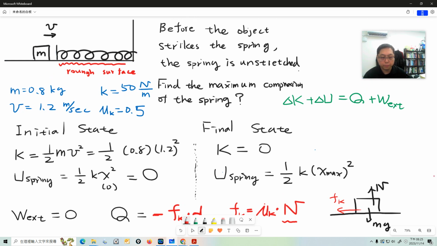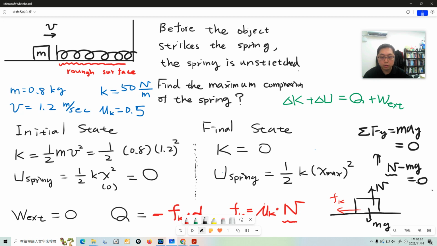So sigma Fy equals m a_y, and there's no acceleration in the y direction, so it's 0. The net force in the y direction is 0, so that means the normal force minus mg is equal to 0.